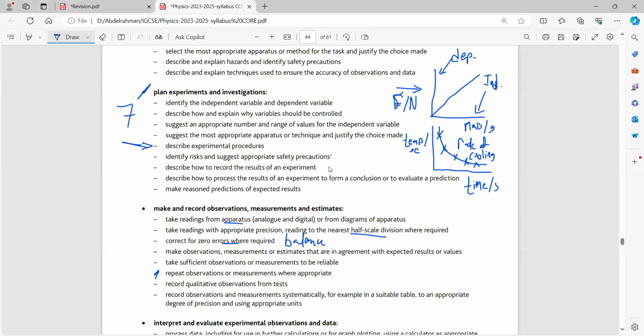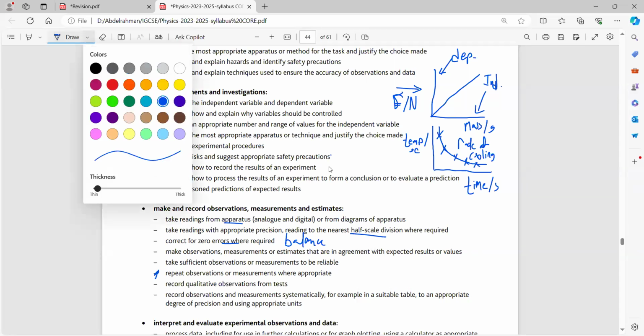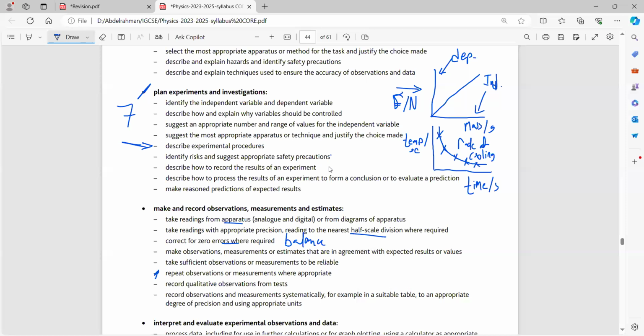You must say that you will repeat the experiment for all of the range of values. For example, if you have 5 or 6 values in the range of values, different lengths, different masses, whatever, the independent variable, you have to repeat the procedure.